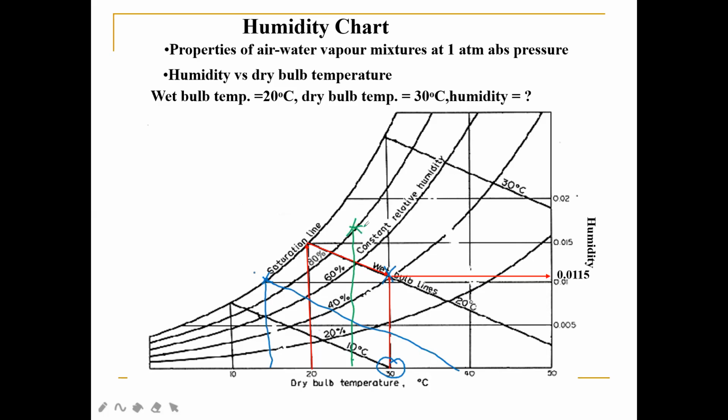And you can read the humidity here straight away. So that is if you're given a dry bulb temperature and straight away the percentage humidity. I think that's about it for the humidity chart, and let's see what we have.